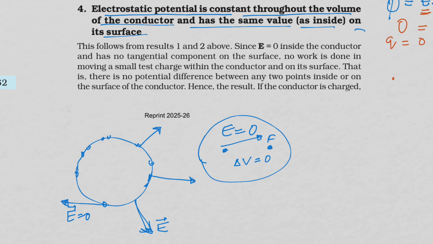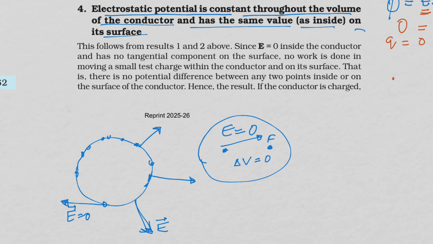In other words, since it has the same potential on the surface, there is no work done in moving the charge, so there is no potential difference. It's the same thing either way. So we can say that even on the surface the potential has a fixed value, there is no potential difference on the surface.